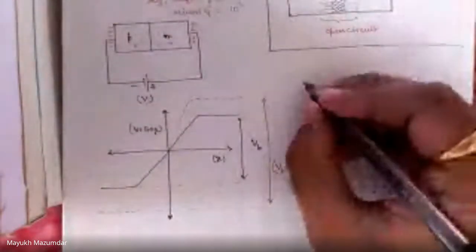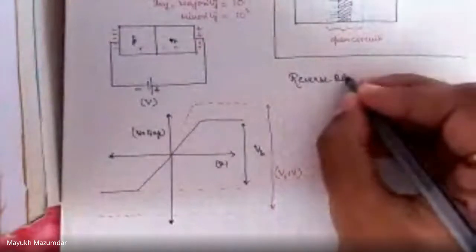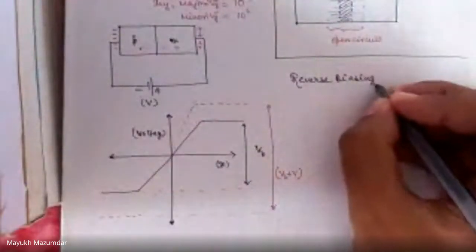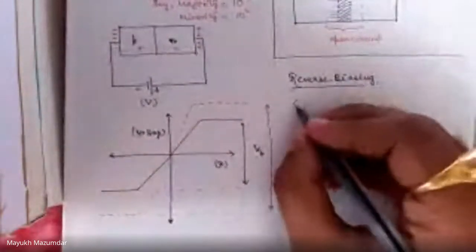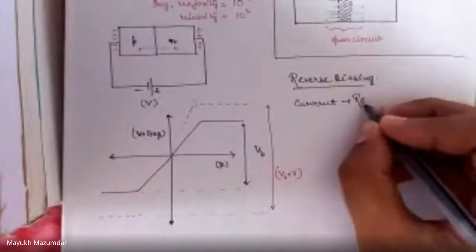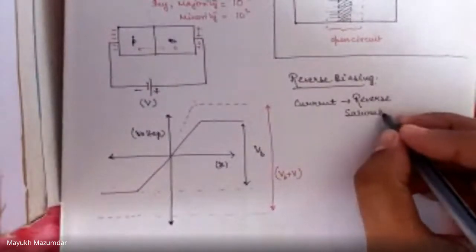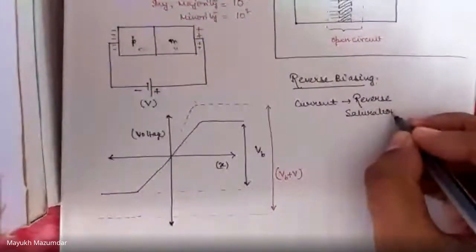So this is called reverse biasing, the reverse biased condition. And the current in this case is called the reverse saturation current.